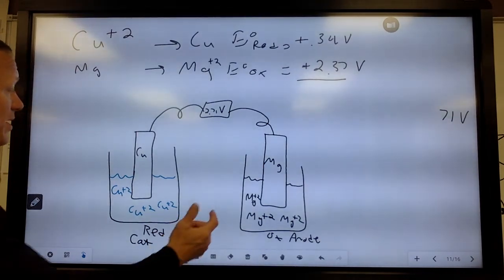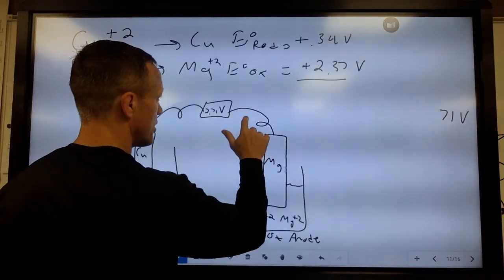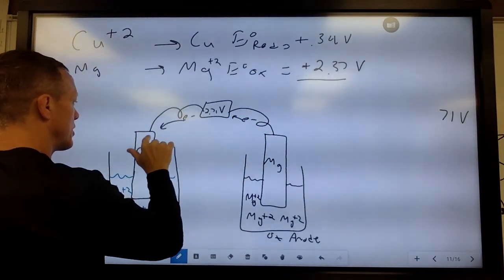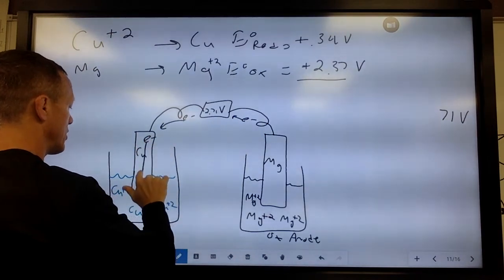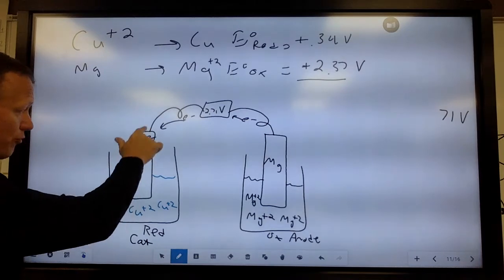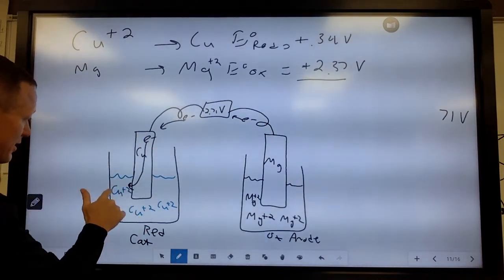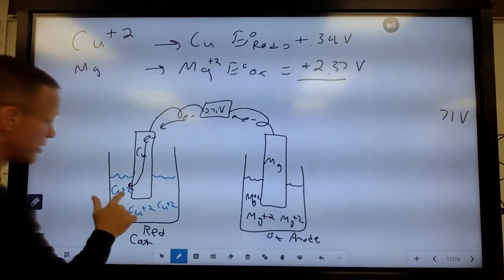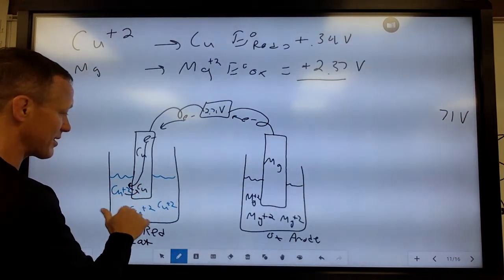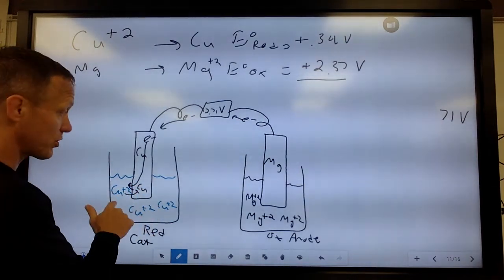So electrons are flowing this direction. So if we think about that, electrons are flowing in through this piece of metal into this solution. Every time a copper plus 2 gains 2 electrons, it forms more solid copper. So we're getting less and less copper ions in here and more solid copper.